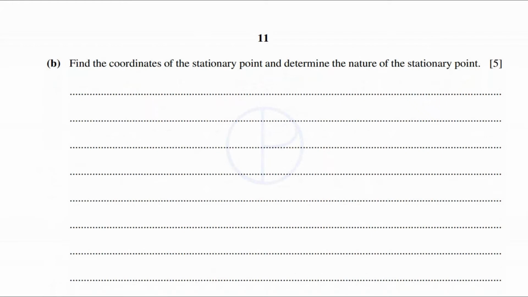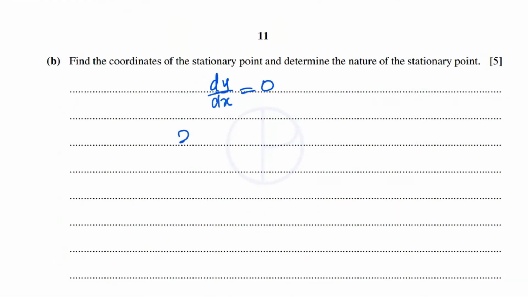The next part of the question is to find the coordinates of the stationary point and determine the nature of the stationary point. To find the coordinates of the stationary point, we need to take dy by dx equal to 0. So dy by dx is 2 minus 2 divided by 2x plus 1 the whole square equal to 0.